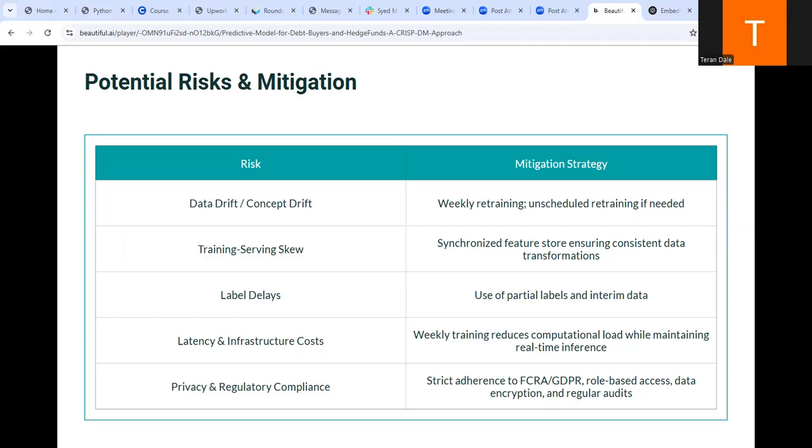Role-based access, so only certain people can get access to that data or see that account. Data encryption and regular audits are also part of it. Cybersecurity plays a big role as well, as a part of the components and solutions in creating the model and overall monitoring of the model and the system itself.